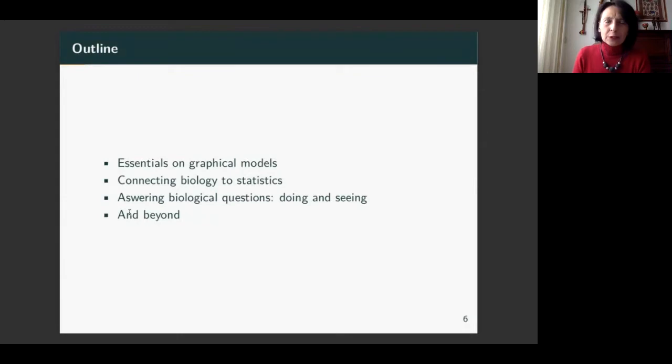I'll be giving you some essentials on graphical models, really basic things to the benefit of people who are not very familiar with this modeling framework. And then I'll be showing you how we connect biological networks to graphical models and how we use graphical models to answer biological questions. And then I'll be showing you some enhancements.